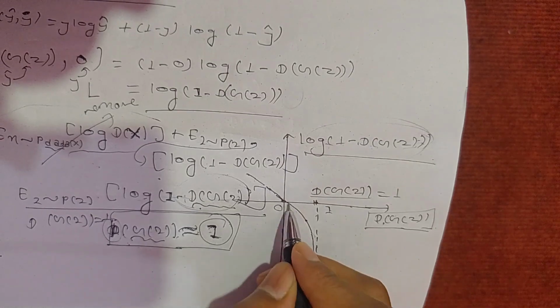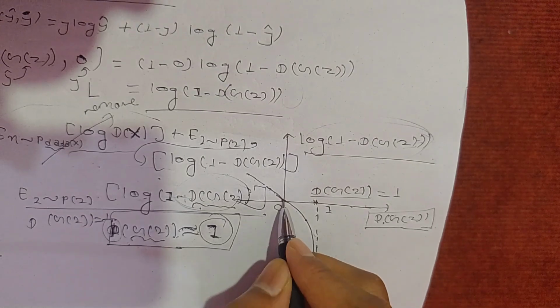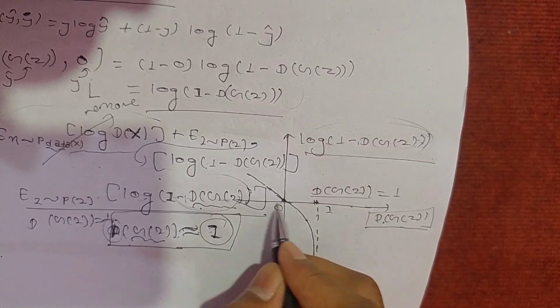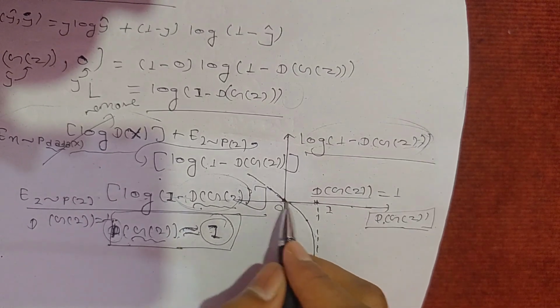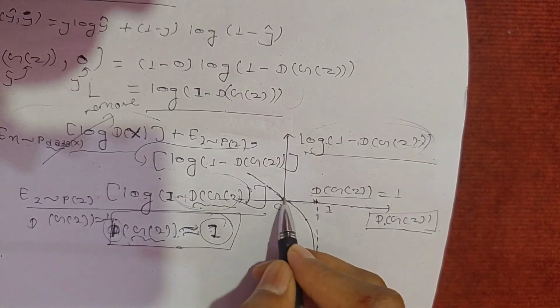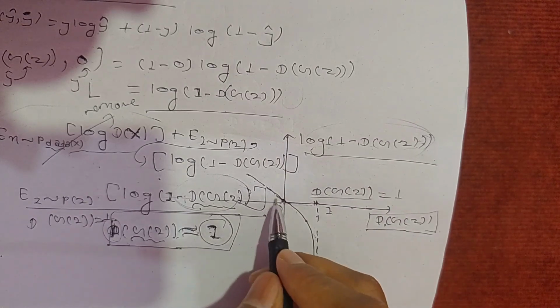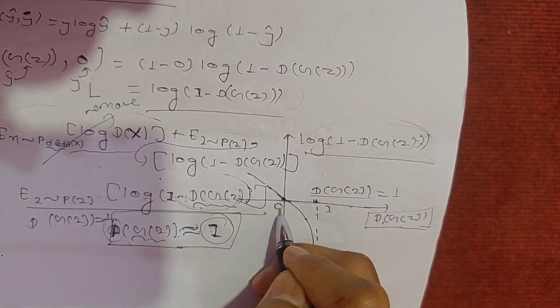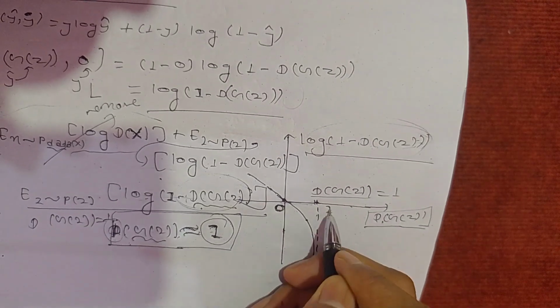If we minimize this curve from its maximum value, it can hold values between 0 and 1, so it cannot exceed 1. In the other region we do not have access, because this is a probability, so we can only be between 0 and 1.